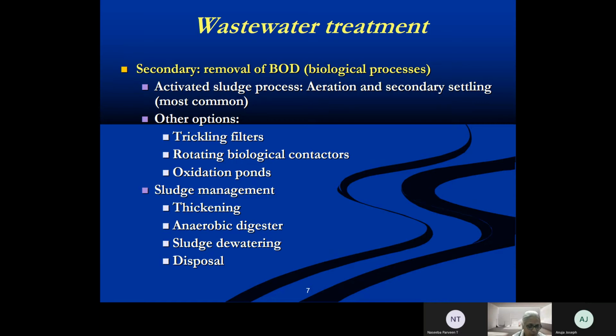Then the second part is anaerobic digestion. If you use anaerobic digesters, you are reducing the amount of sludge generated in a big way, because one, you're removing water, and two, the sludge itself, the biomass, the organic matter, is being converted not to CO2 and water.